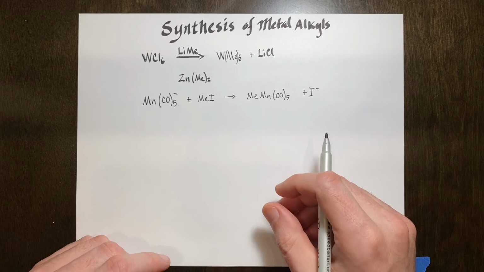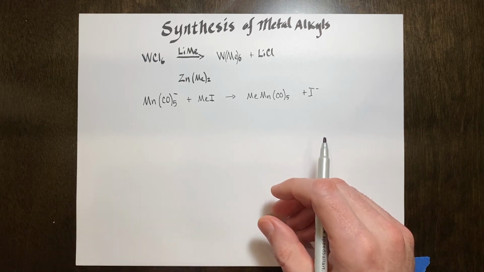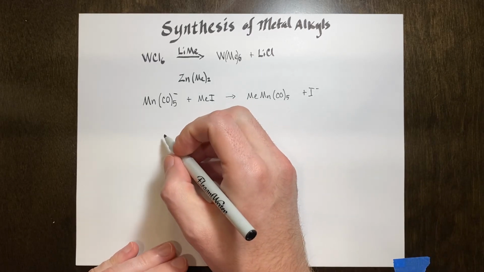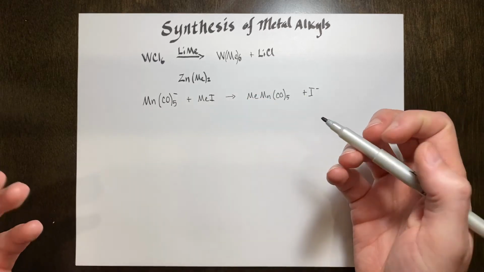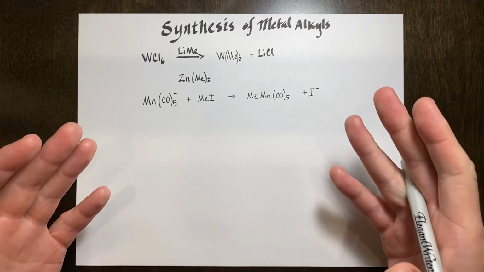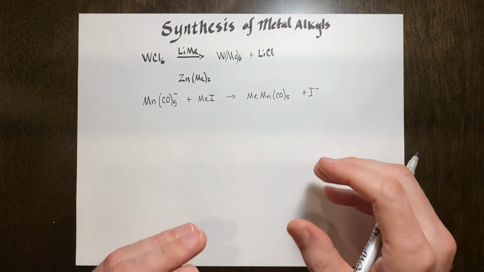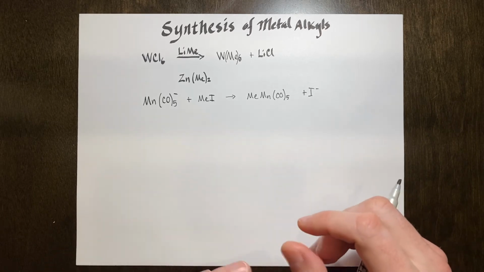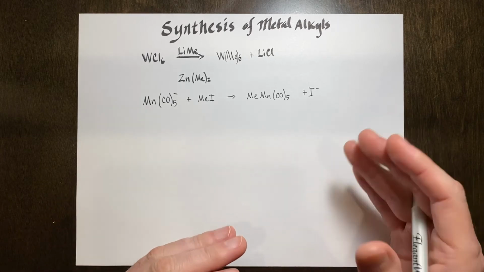Now, one that you're probably familiar with but might not know the name is oxidative addition. Oxidative addition is going to oxidize the metal, and it's going to add some ligands to the metal, hence the name, oxidative addition. And Grignards are a prime example of oxidative addition being used to synthesize a metal alkyl.